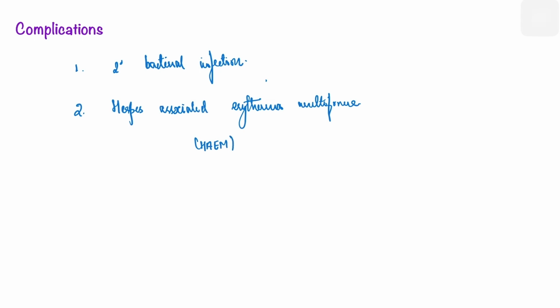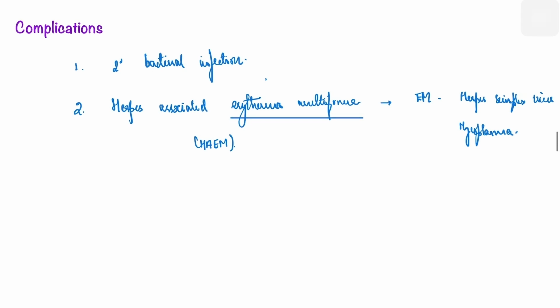Erythema multiforme is a hypersensitivity reaction. It can occur because of infection or, rarely, because of drugs. The infections more commonly associated with erythema multiforme are herpes simplex virus and Mycoplasma pneumoniae. EM secondary to herpes simplex is very common.